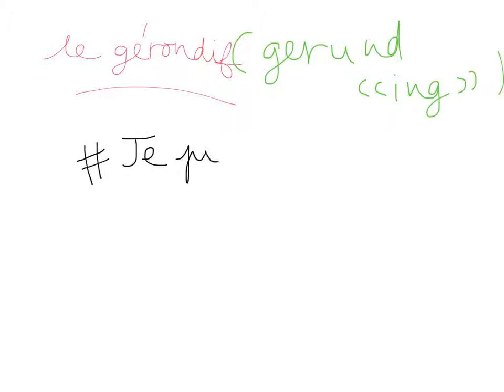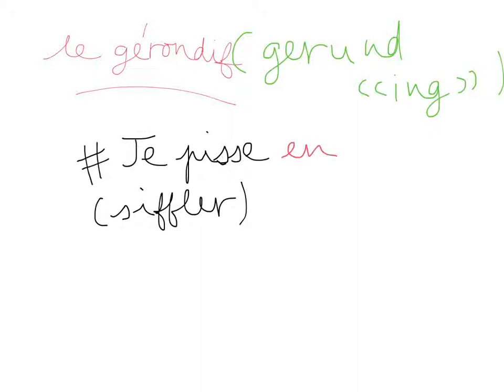If you are like me, and I guess Alex, when you pee, I'm sure you're whistling. So the verb whistle in French is siffler. If you transform the whole thing, this gives you je pisse en sifflant. I pee while whistling.